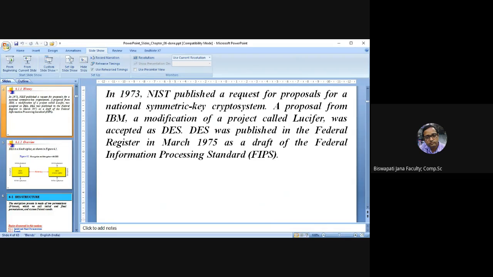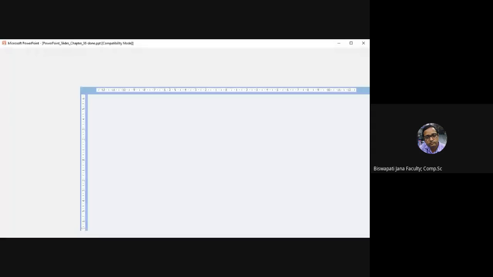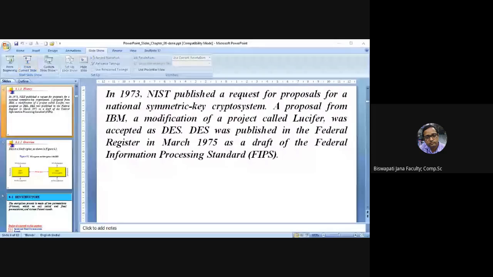by IBM, and they developed some technique. That was a project under IBM, which is called Lucifer, and this was accepted as DES, and then DES was published in the Federal Register in March 1975 as a draft of the Federal Information Processing Standard, FIPS.